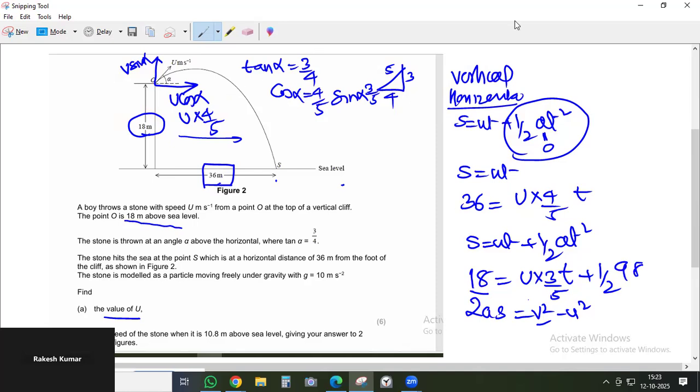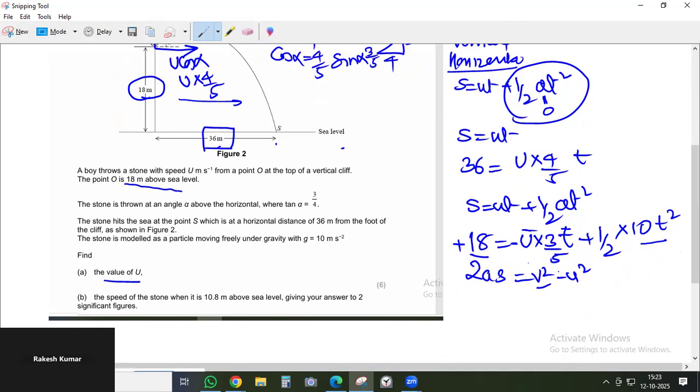It is going down, so this I'm taking positive and this is negative: half into 10 into t square. Now I've got another equation in terms of ut, right? I can just substitute this ut here and get t square, and then I can get anything. You understood?